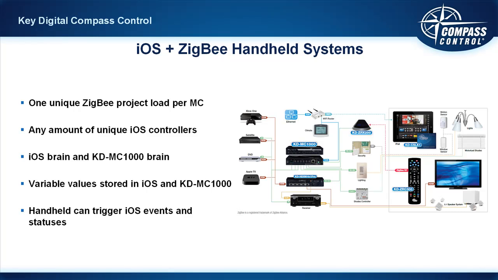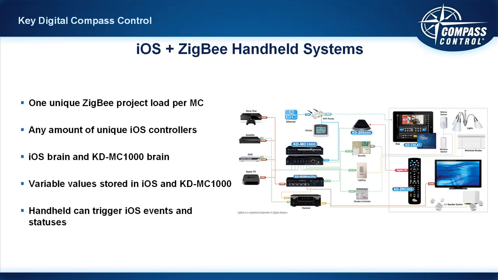Now, what about if you'd like to have Zigbee, the handheld remote control, plus iOS devices? Okay, well, ultimately the iOS device is its own brain for each and every iOS device, and the master controller is the brain for the Zigbee remote control. So this is what separates the KeyDigital compass control offering from other control systems out there that have handheld remotes and have the iOS app.